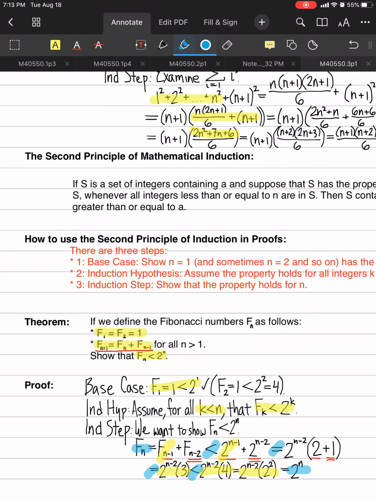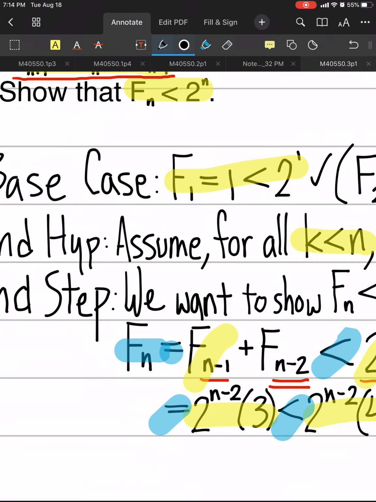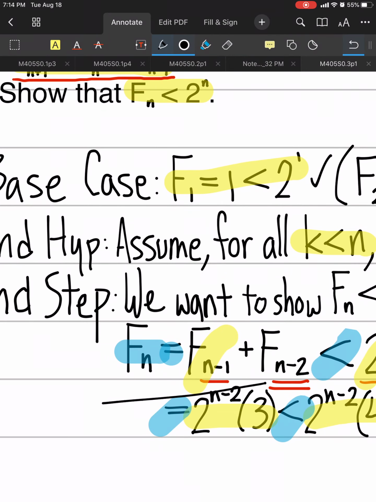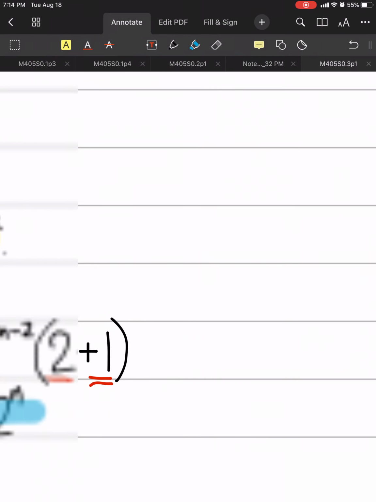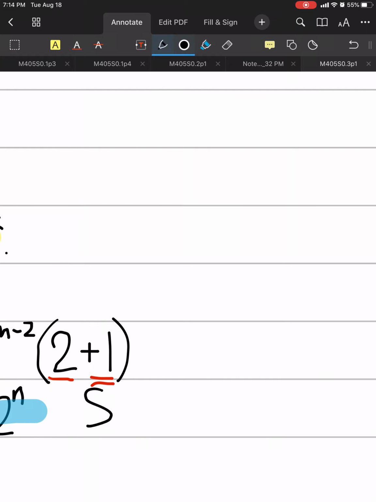So that means what you have at the end is less than what you had at the start. So we can write that down here: f sub n less than 2 to the n, and bam.